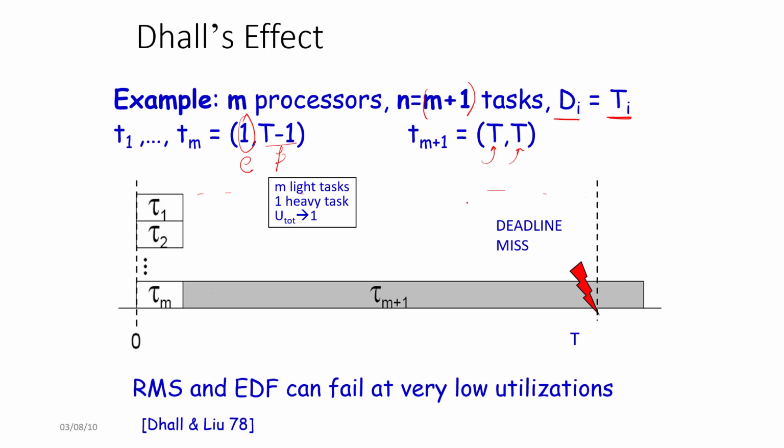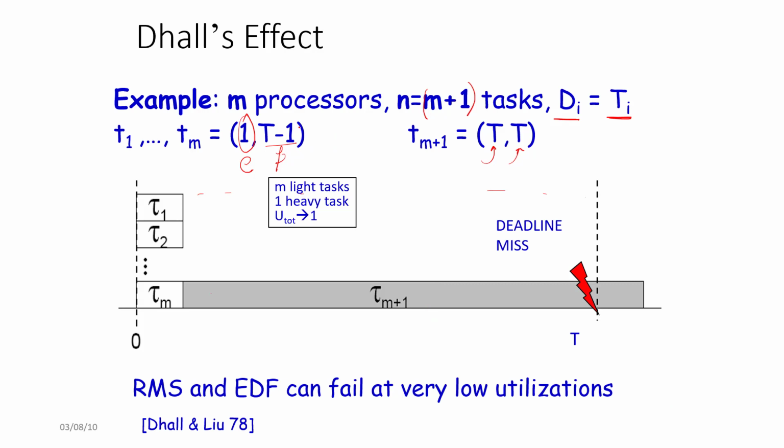But the key point is that ultimately the combined utilization will basically tend to 1, because we'll be using at least one processor. So it's arbitrarily low in the sense that it's arbitrarily close to 1 from the top. But this task set is schedulable if you think about it. But the point is that both RMS and EDF fail.